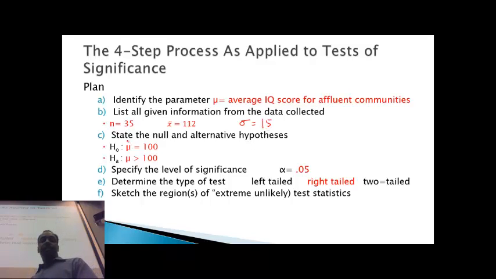State the null and alternative. Okay, so in this class, for the most part, everything for the null will be equal to. The alternative is greater than. Now, why would it be greater than? What was our claim about affluent persons?